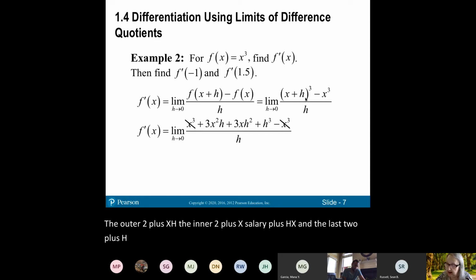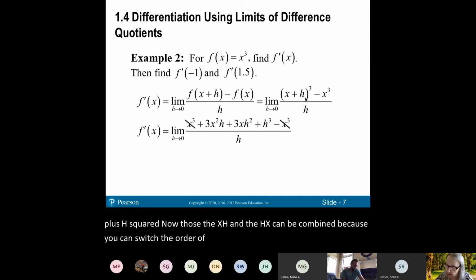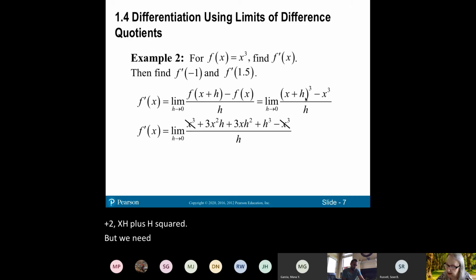Now the xh and the hx can be combined because you can switch the order of multiplication. And now we have x squared plus 2xh plus h squared. But we need to multiply that by x plus h. So let's put x plus h in front.